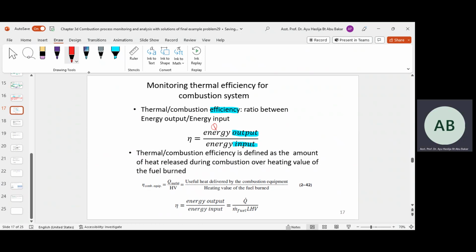Now Q output, we know in combustion process, there will be Q release. So this is Q out. Q in is from the fuel, the Q generated from the fuel.